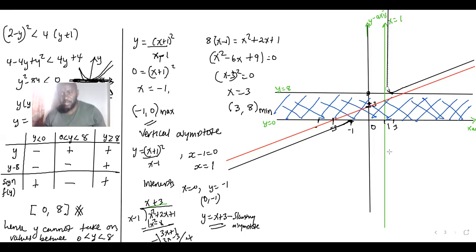When it goes that way, it's going to be brought back on the opposite side by the vertical asymptote. It is bringing it back. When it brings it back, we have an intercept on y, which is 0, -1.